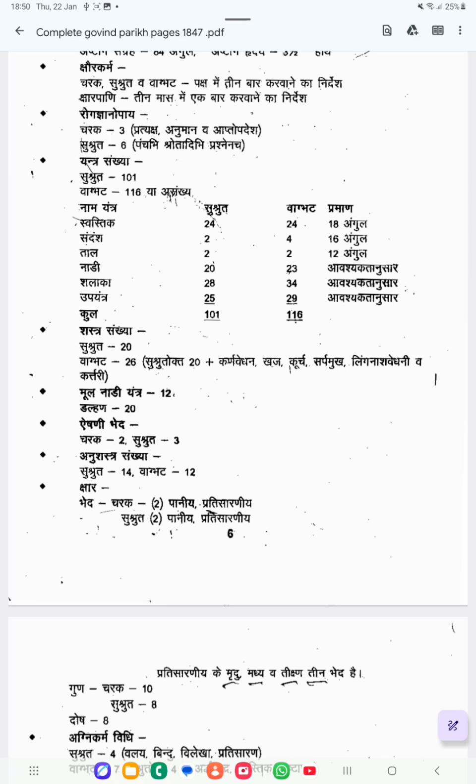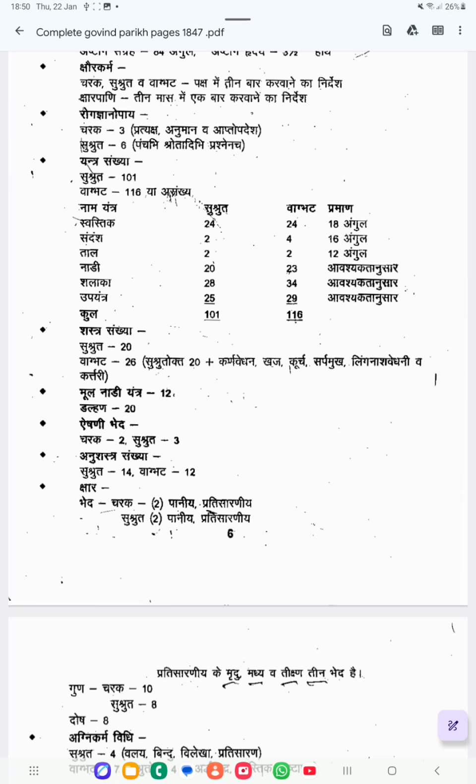Okay, then Kshara. According to Charaka, it is classified into 2: Paniya and Pradisaraniya Kshara. Paniya Kshara means we mix it in the water and take it internally, for drinking purpose. Pradisaraniya Kshara is used for external application.